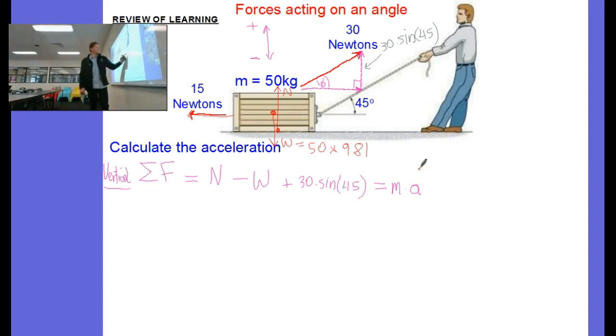Okay, now when we talk about acceleration, we're only considering it from the perspective of the vertical direction. So in this scenario, think about it logically. Is the crate going to move or accelerate vertically? No. Yeah? No, not really.